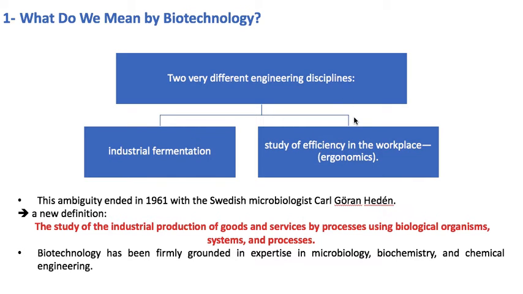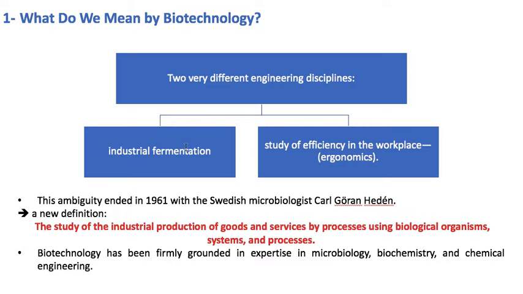The second one was used for the study of the workplace, meaning ergonomics, which is another example we will discuss in later chapters. So between the two disciplines there was a difference and an ambiguity. This ambiguity ended around 1961, when Hedin gave a new definition for biotechnology.